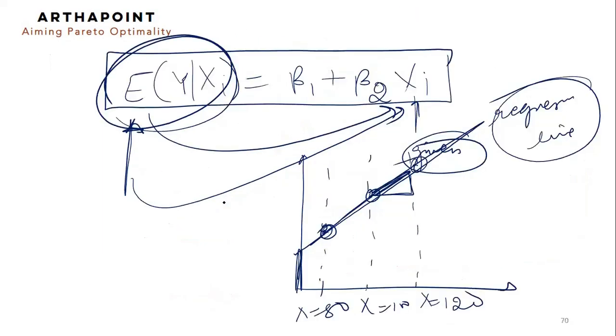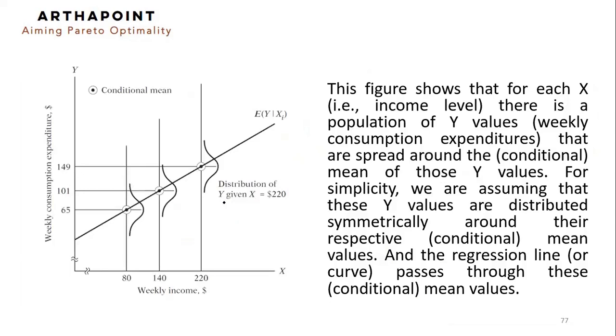Let's see it. So let's go back at this diagram. This is my x. X is my independent variable. Whatever comes on the x-axis is my independent variable. For me, my independent variable is the income.